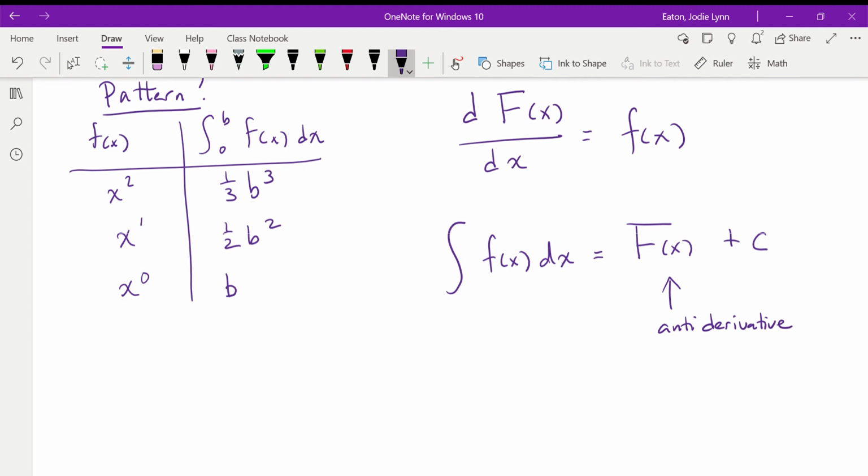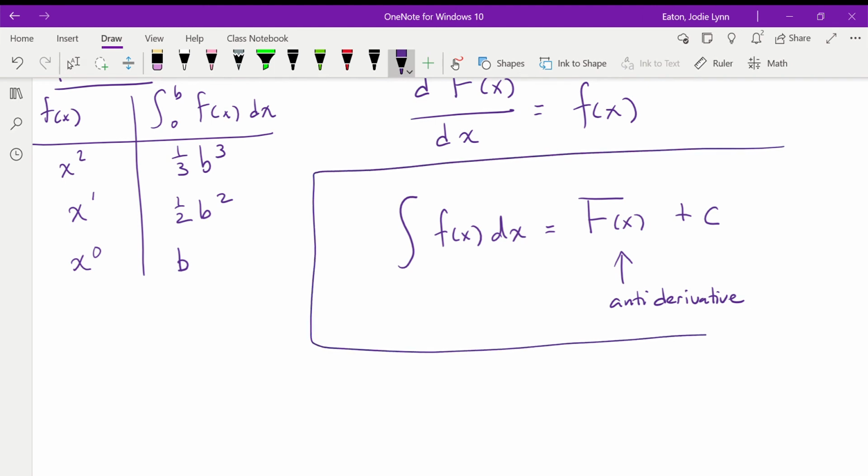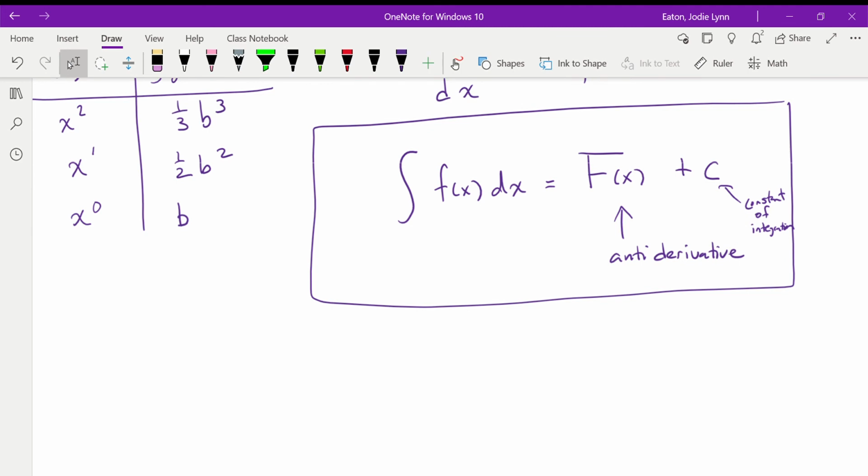We have a couple other words in this super important statement here. This is called the constant of integration. What the constant of integration is, is that when we find an antiderivative, we don't actually know which antiderivative we have. If we're taking the integral, we're going backwards from taking the derivative.